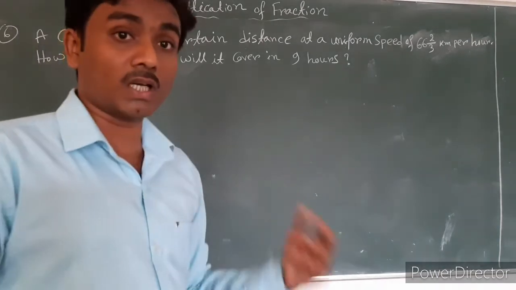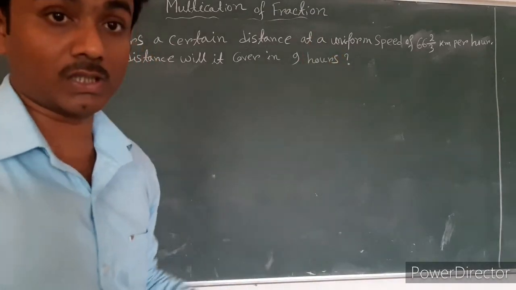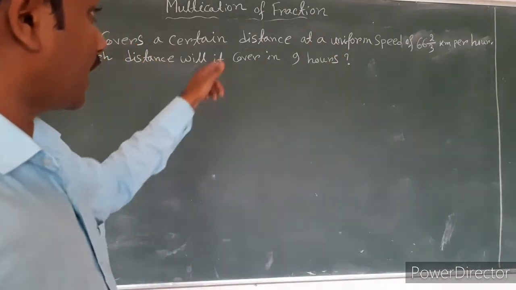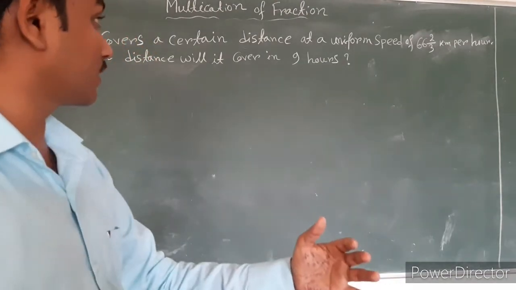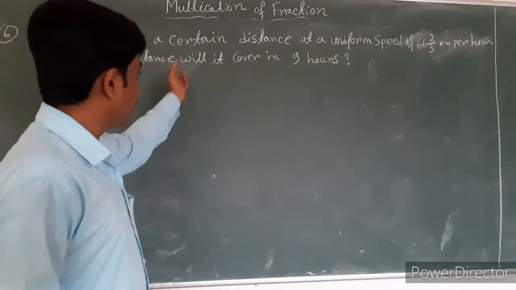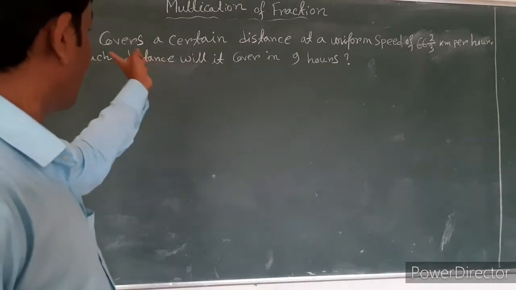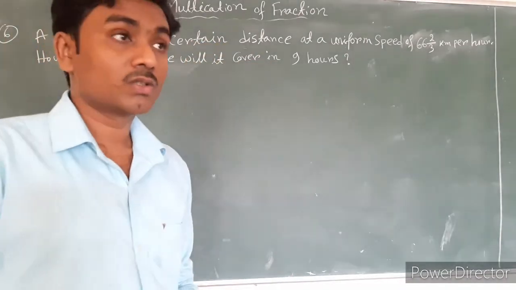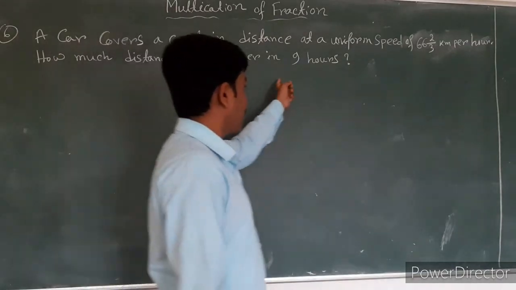In 1 hour, the car moves 66 whole 2 upon 3 kilometers. So in 9 hours, we have to find how much distance it will cover. So time will increase, then distance will increase. So in this problem, we multiply both the numbers.